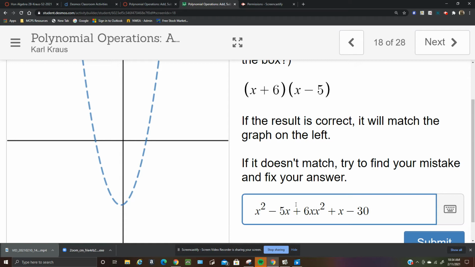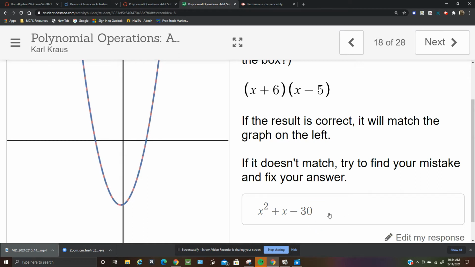And 6 times negative 5 is negative 30. So there's the work. And here's the final answer, x squared plus x minus 30. And then if you hit enter, you get the parabola that connects these dashes together.